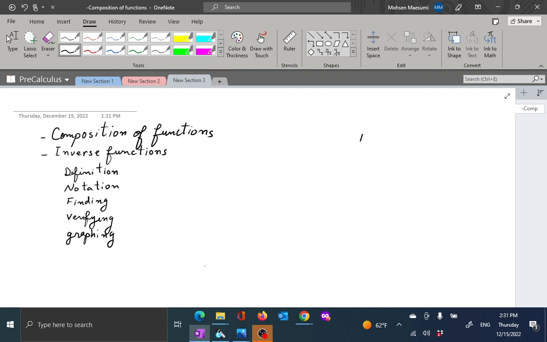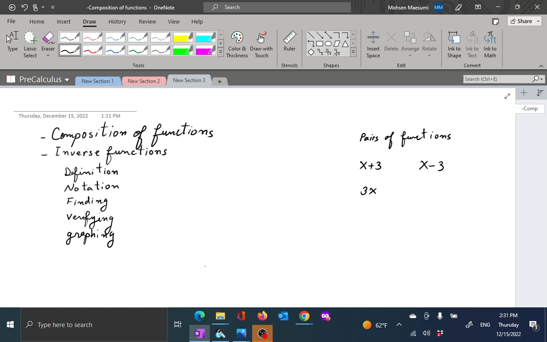So we have certain pairs of functions that appear to be undoing the effect of each other. What do we mean by that? For example, x plus 3 and x minus 3. Well, if you add 3 to something and then later on subtract 3 from the result of the previous one, you go back where you started. So these two kind of undo each other, and they can be called inverse functions of each other.